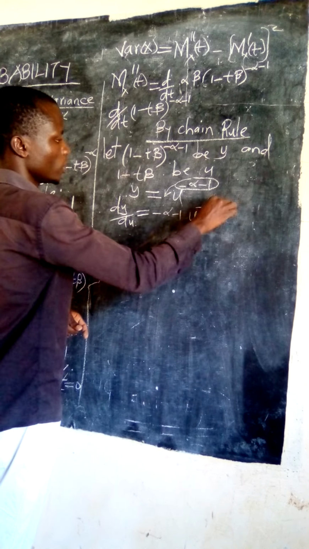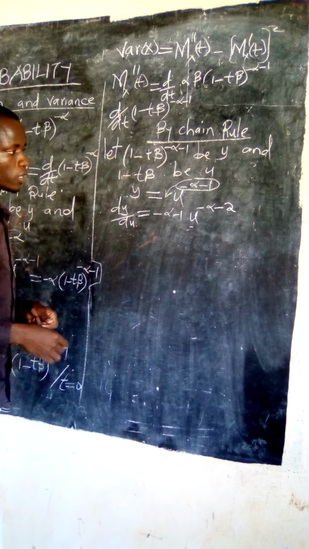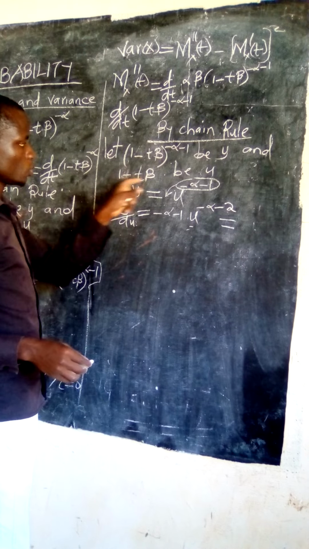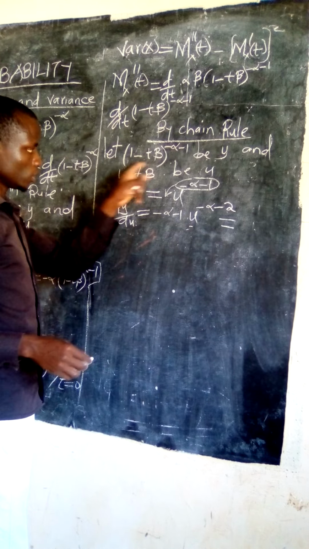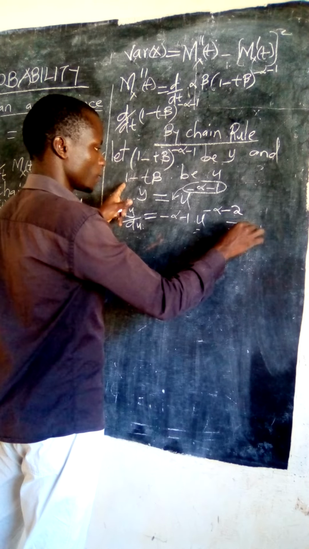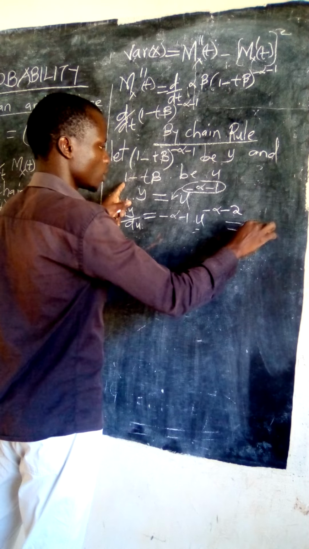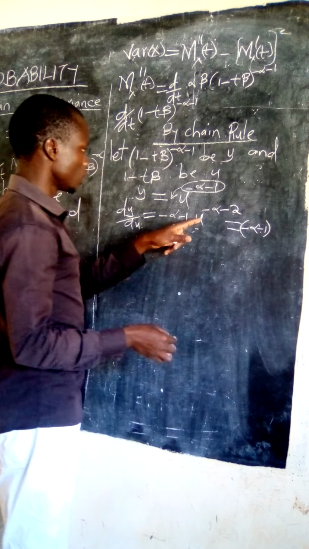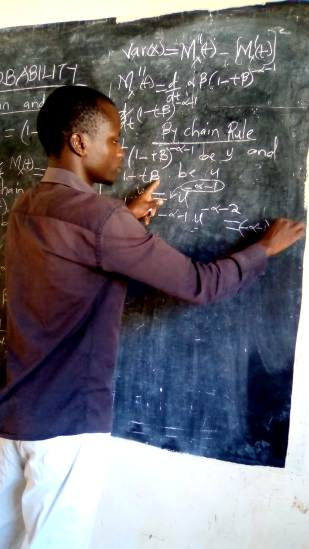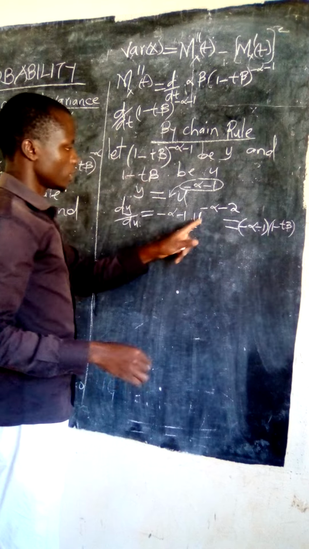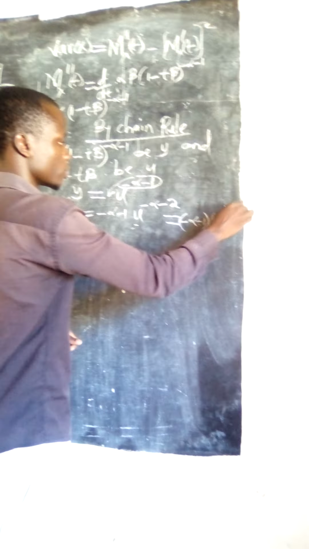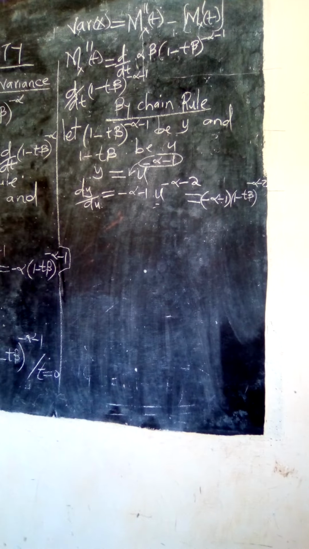So I'll come up with the negative 2. And remember, I can as well substitute u with what it was. Remember, u was this. So where u is, why don't I write the content that u represented? And therefore, I'll finalize by saying that it is (negative alpha minus 1) times u, and u is 1 minus t^β. So (1 - t^β), but it is raised to negative alpha minus 2. You will have gotten dy/du.